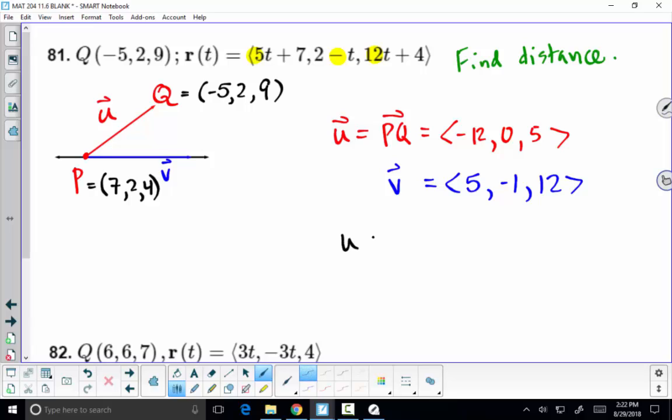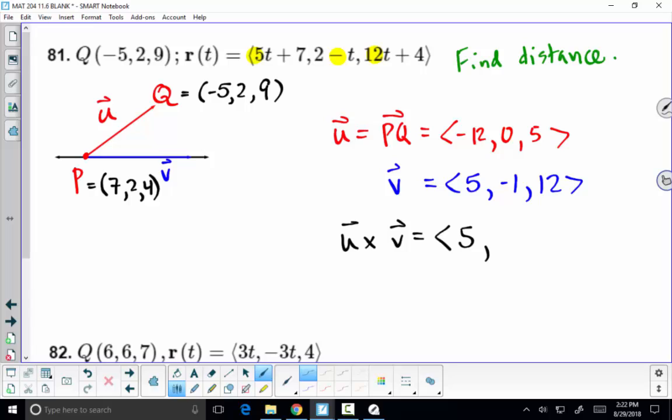So u cross v. First component, we cross out the first column. Main product is 0 minus the other product, so that's -5, which is 5. Middle column, our main diagonal product is -144 minus 25, which is -169.